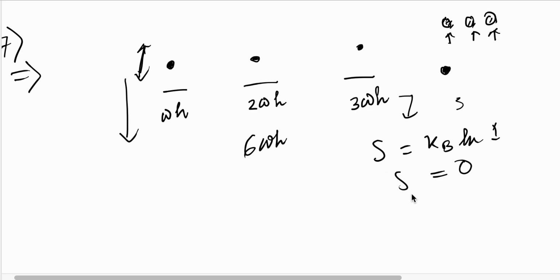All the information one can know is known by knowing that one identical particle is there in each stair. So in that sense the entropy should be 0, and the mathematics tells me that entropy is 0.